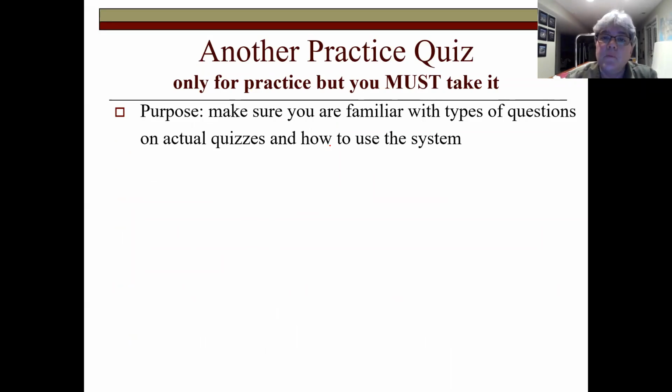Okay, and we're having this quiz so that you can be familiar with the kind of questions and also how to use the system. Okay, there were several of you on the last quiz that did not answer questions in the right way, and we need to try to fix that.